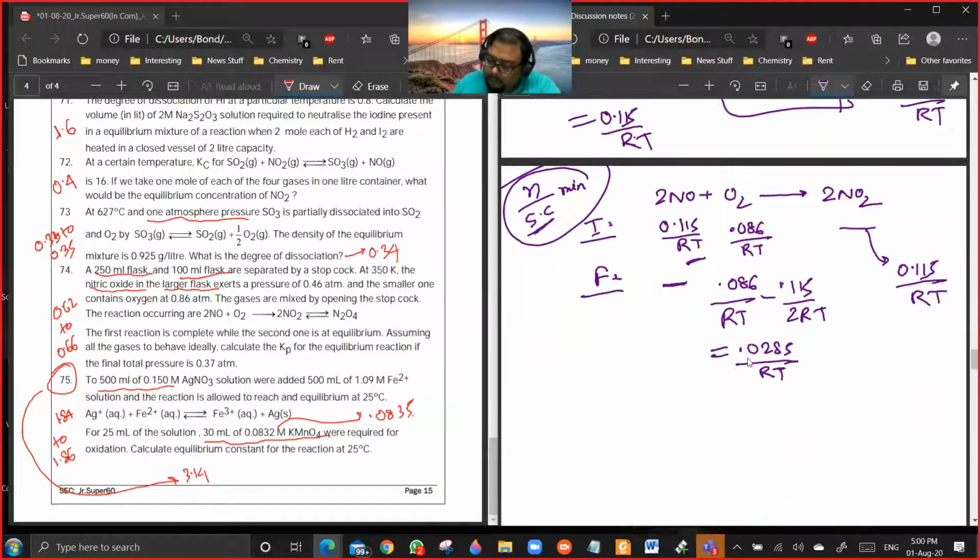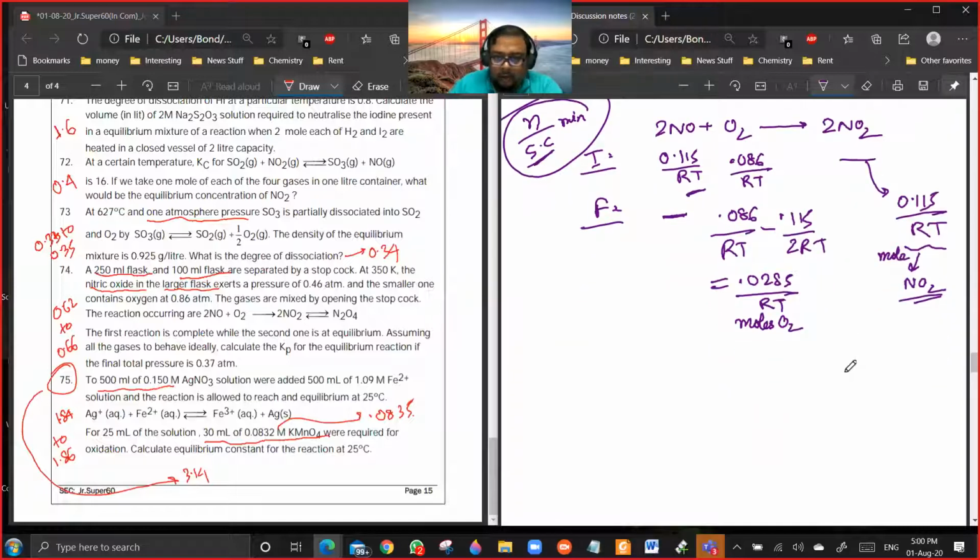Okay, so this many moles of O2 remains at equilibrium, and this much amount of NO2 is formed. Up to this, everyone is clear? Now this reaction is complete, they are saying. Now this equilibrium is established, N2O4 giving 2NO2.